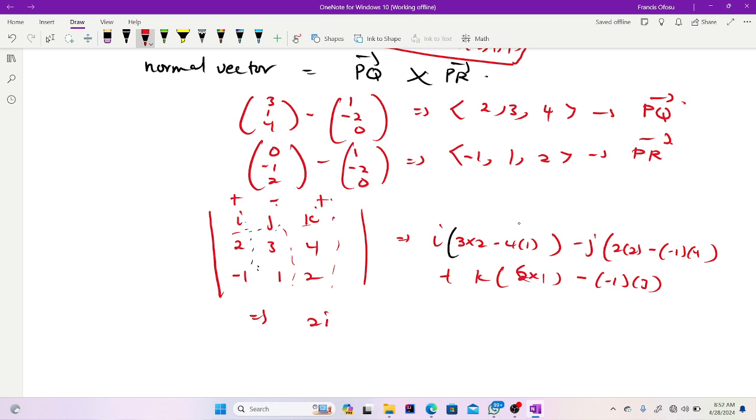This becomes 2 times 2 is 4, negative 1 times 4 is negative 4. So 4 minus minus 4 is 8, so minus 8j, then plus, when I come to the k, 2 times 1 plus 3, plus 5k. So this gives me my normal vector.